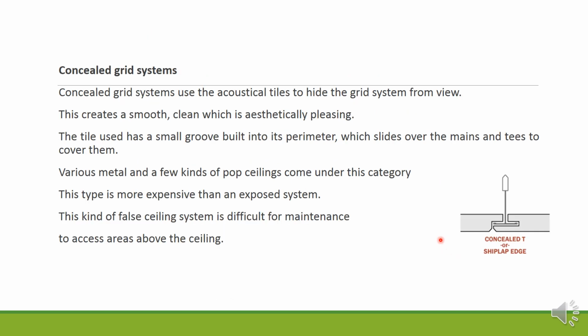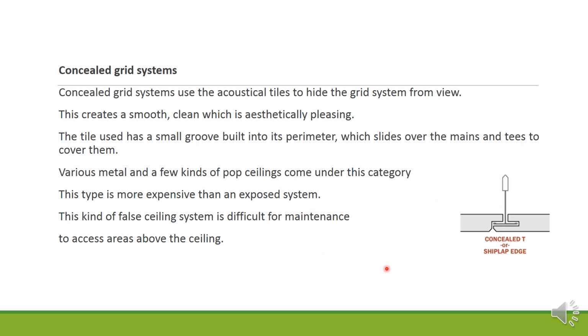Then the concealed grid system. Concealed grid systems use acoustical tiles to hide the grid system from front view. This creates a smooth, clean look which is aesthetically pleasing. The tile used has a small groove built into the perimeter, which slides over the mains and tees to cover them.